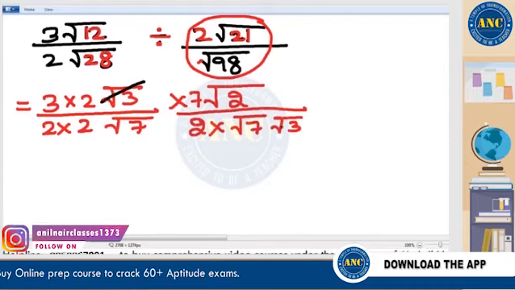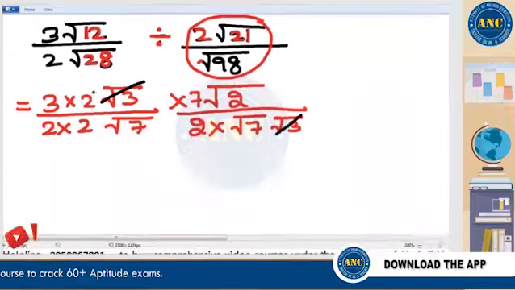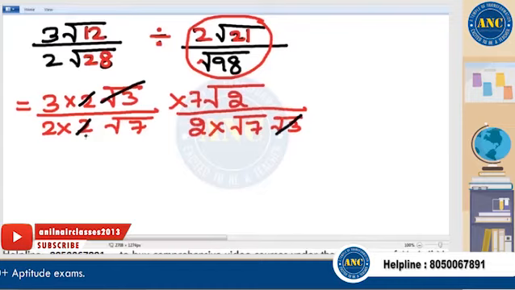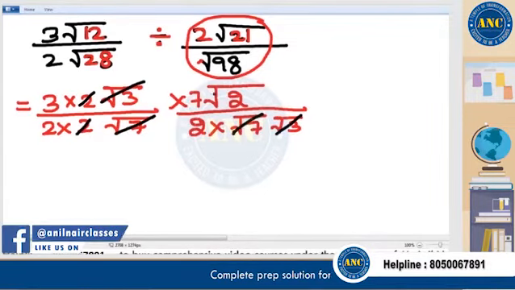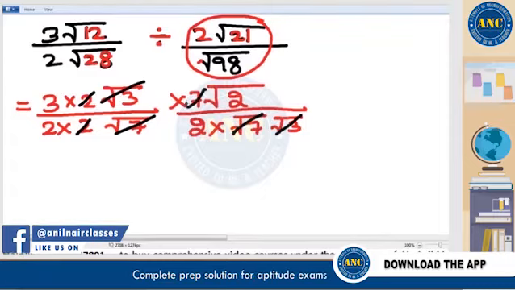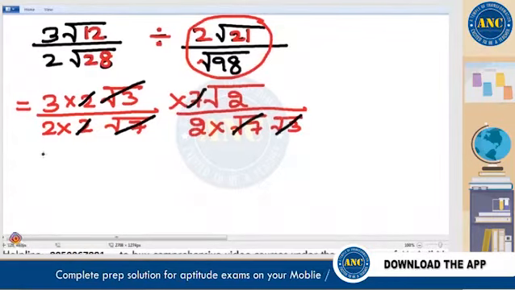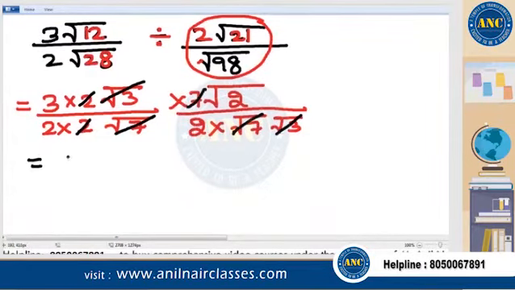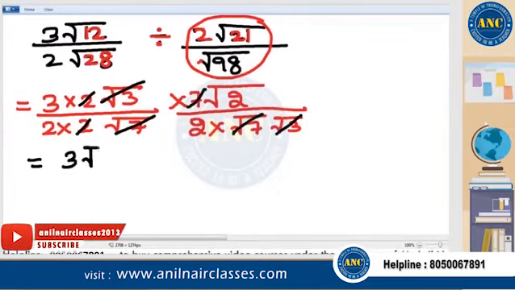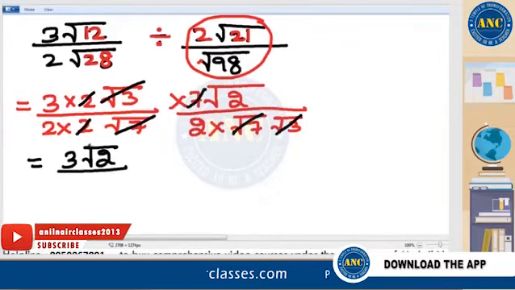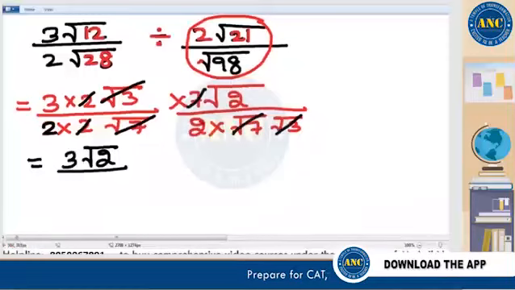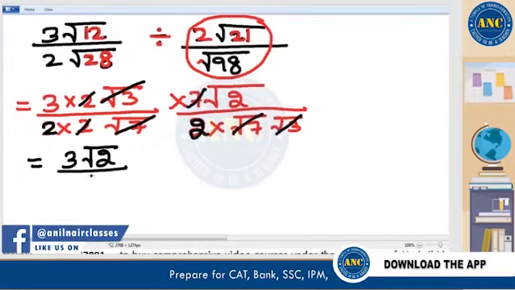Can I say that this root 3 cancels? This 2 and 2 will cancel. Root 7 into root 7 is 7. 7 is cancelled with 7. So in the numerator you are left with 3 root 2, divided by, in the denominator, 2 into 2, which is 4, right?